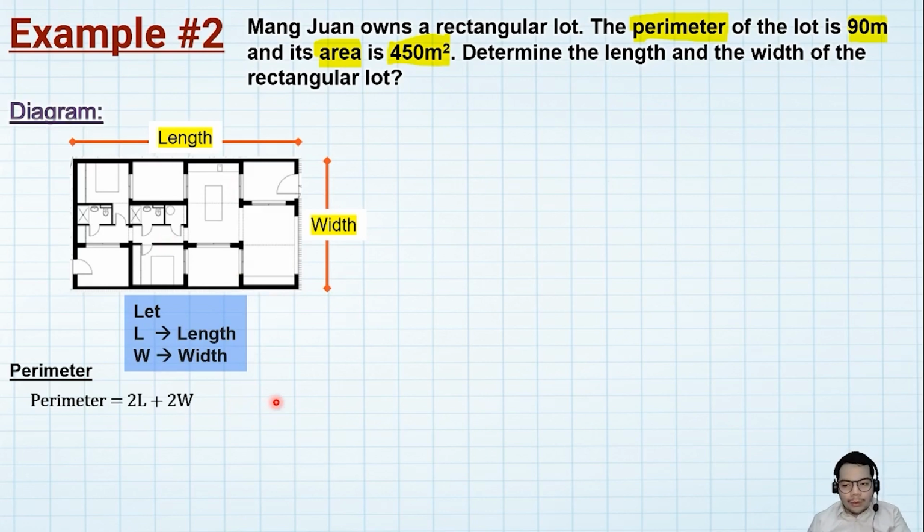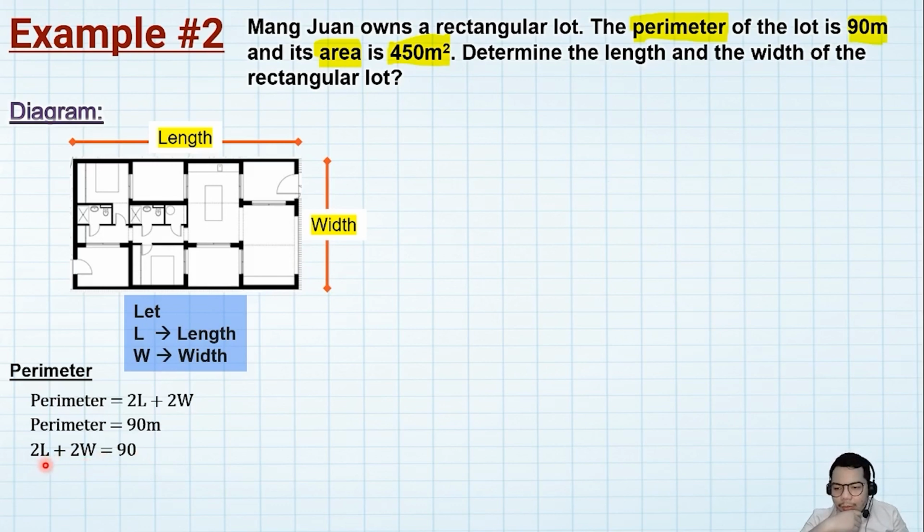Since the problem says 90 meters daw yung perimeter natin, we can say that our perimeter is equal to 90 meters. So we can understand that 2L plus 2W is equal to 90.